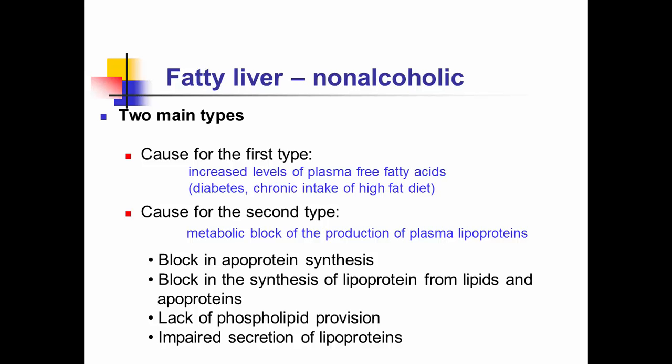So if there is some problem with apoprotein synthesis, or the lipoprotein lipids, for example, phospholipids cannot be provided for some genetic reasons, or the secretion of lipoprotein is impaired, missing some structural component of lipoprotein, then lipoprotein cannot be secreted.